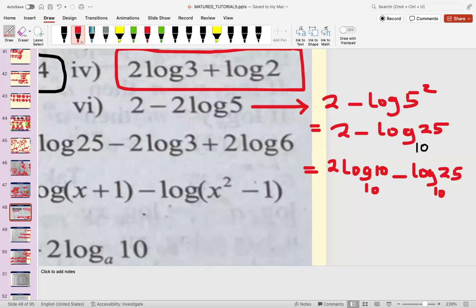Because I want to introduce a log into it so I can combine the two. Frederica, if you don't understand, let me explain. There's a law we did the other time: log A A is the same as 1. It means when the base and the number are the same, the answer is 1.